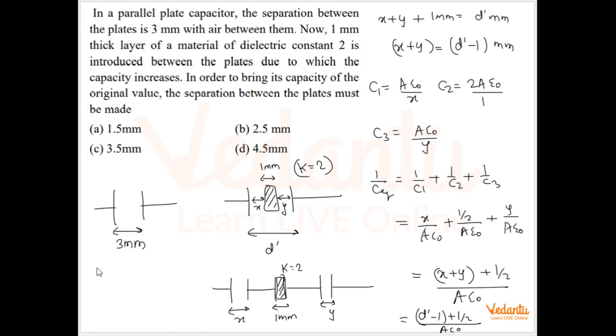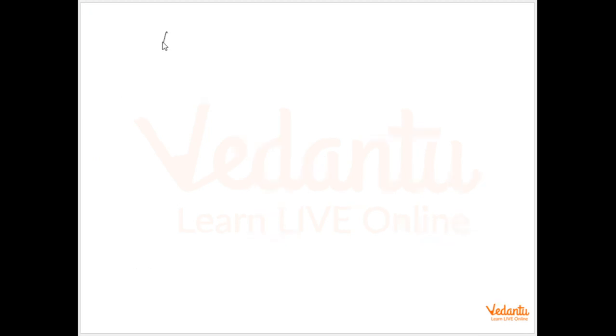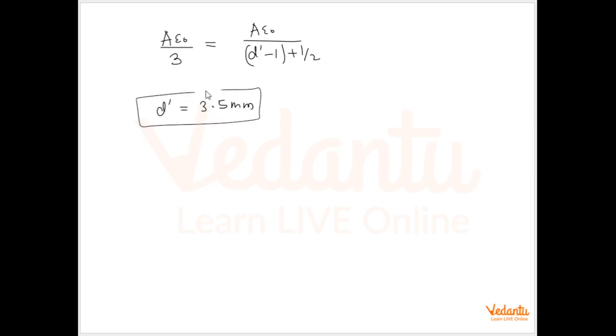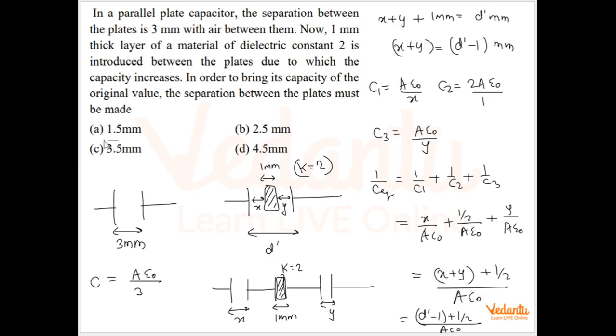Now this needs to be same as the original capacitance, which is just A epsilon naught by 3 mm. So if I equate the two, A epsilon naught by 3 should be equal to A epsilon naught upon d dash minus 1 plus half. If you solve this, you will get d dash is equal to 3.5 mm. So option C will be the correct answer.